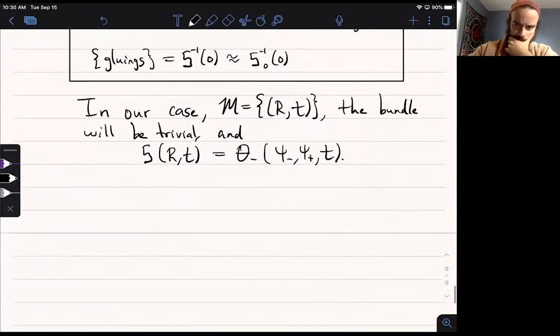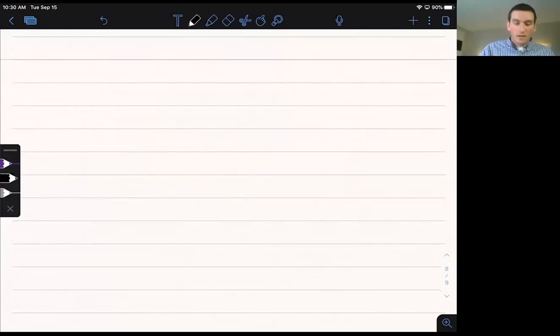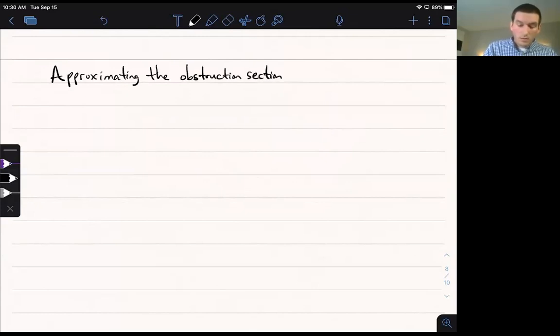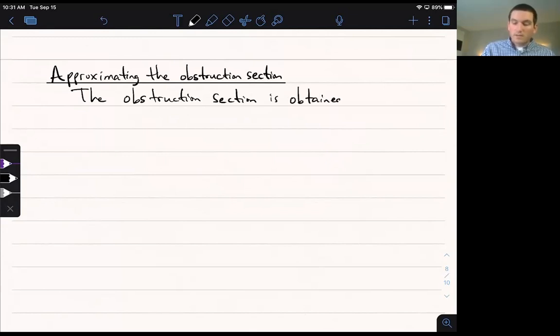Thanks. Sure. So what we need to talk about now is approximating the obstruction section. So let's see. We're going to have some projection down to the co-kernel of du minus. I said that the obstruction was just theta minus, but it's really going to be obtained by projecting theta minus to the co-kernel of du minus.